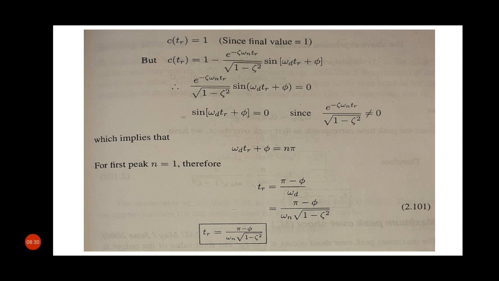From this equation we can write sine(omega d Tr plus phi) equal to 0, because e to the power minus zeta omega n Tr divided by root under 1 minus zeta square is not equal to 0.